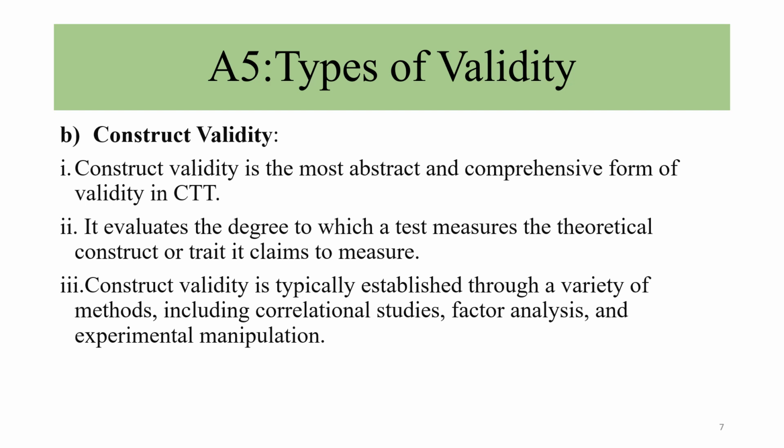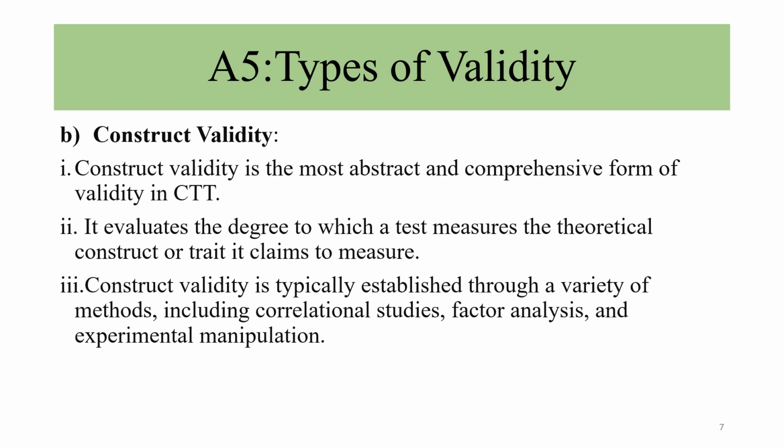It is about the degree to which the test actually represents the hypothetical construct in two ways. Number one, the items actually represent the construct they are claiming to represent, and secondly, these items are sufficient to cover all the dimensions of that very construct which they claim to measure.